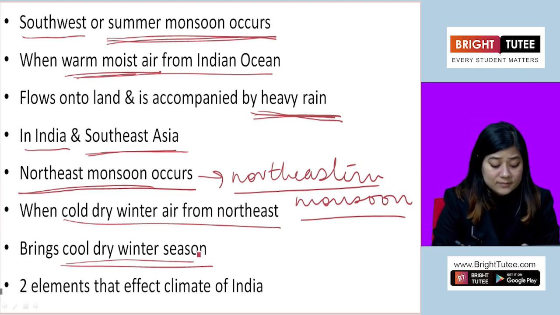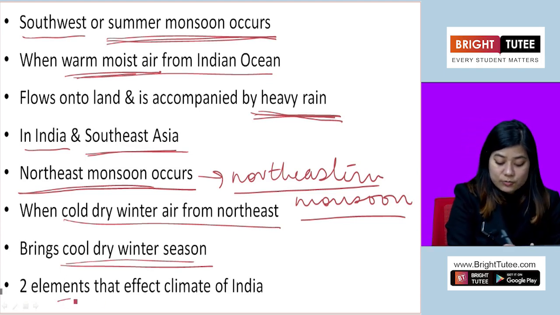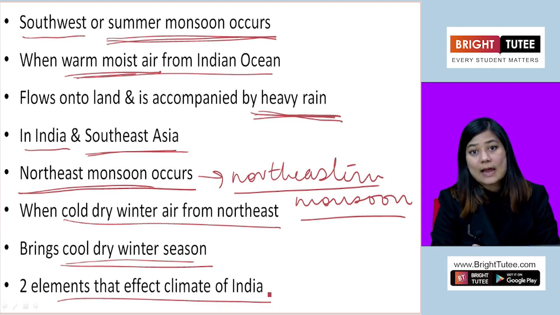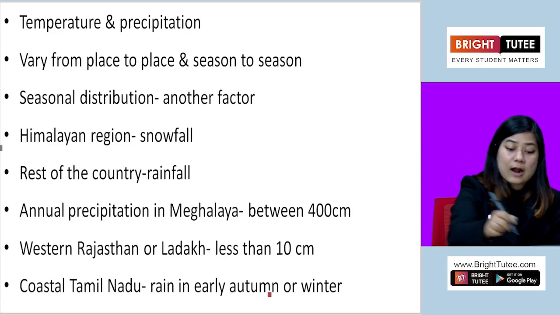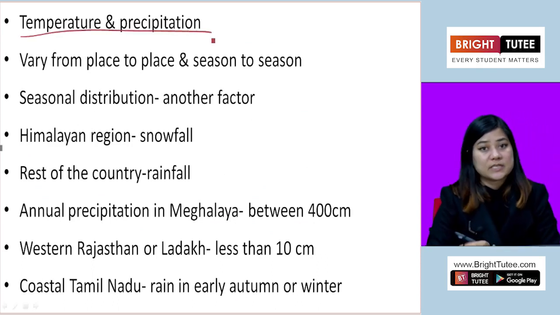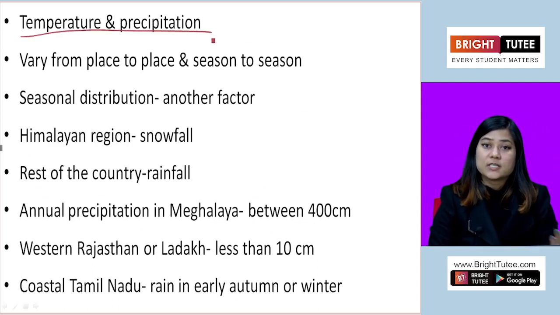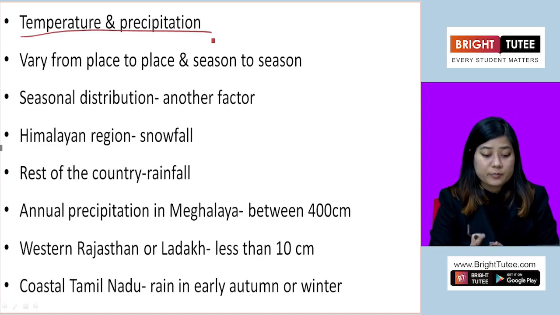Now, apart from this, there are two elements that affect the climate of India, and those are temperature and precipitation. This we have already done in the first section, very briefly, right?